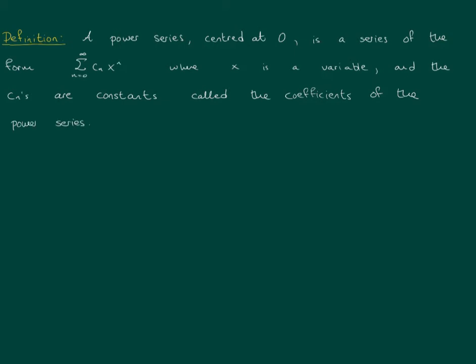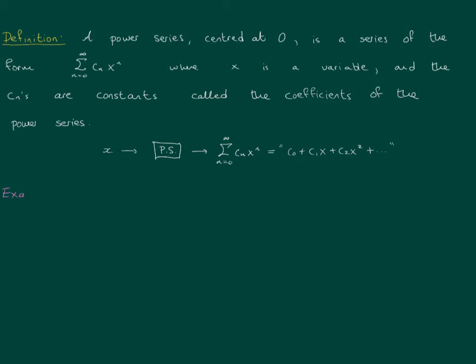Okay, so going back to this idea of a function, we think about taking x, inputting it into this power series machine, and what we get out is this series, sum of c_n x to the n, n goes from 0 to infinity. If we were to write this out in the dot dot dot notation, that would be c_0 plus c_1 times x, plus c_2 times x squared, plus c_3 times x cubed, and so on and so on.